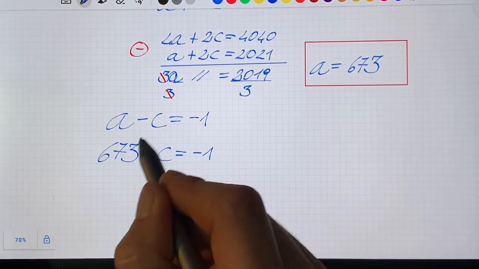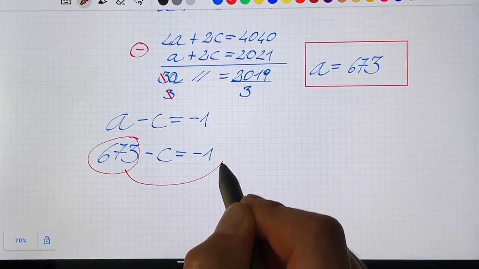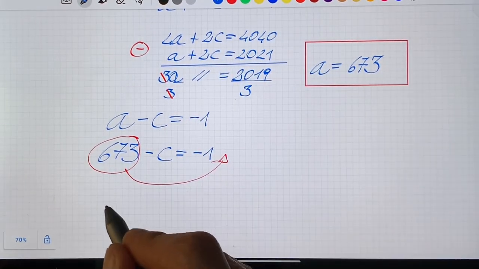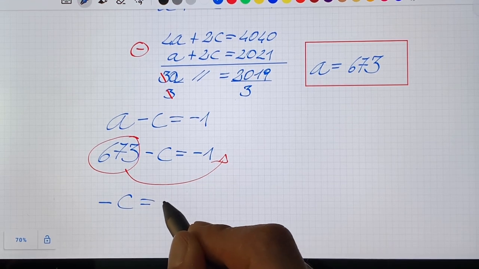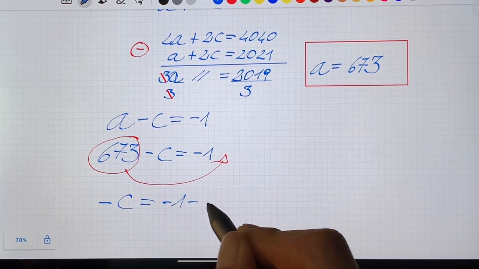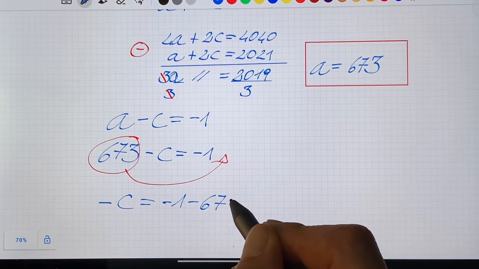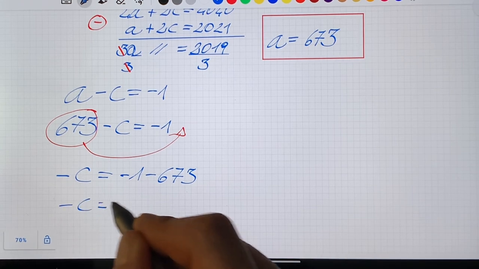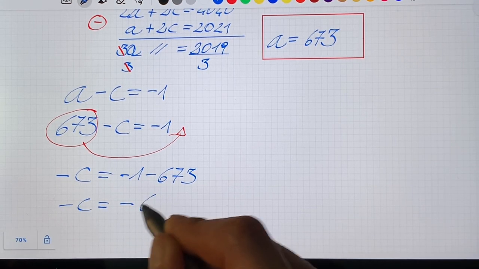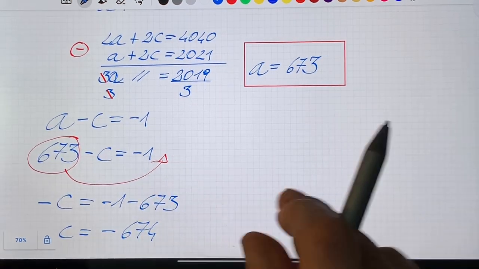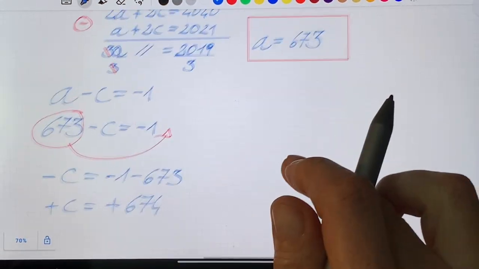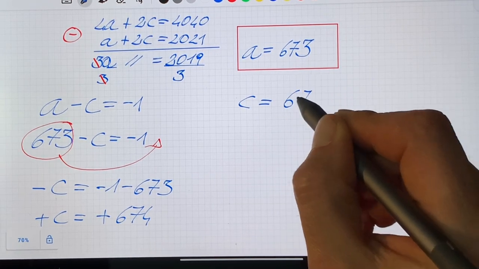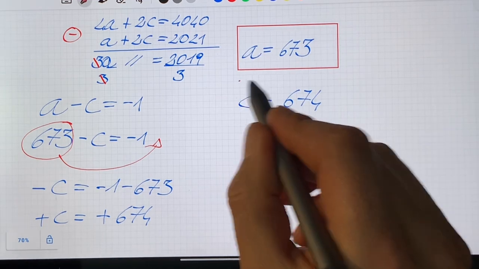So I will move this to the right hand side and I will change the sign. It's positive, it will be negative. So negative c is equal to negative 1 minus 673. So the solution is negative c is negative 674. We will change the sign. The solution is c is equal to 674, positive value.